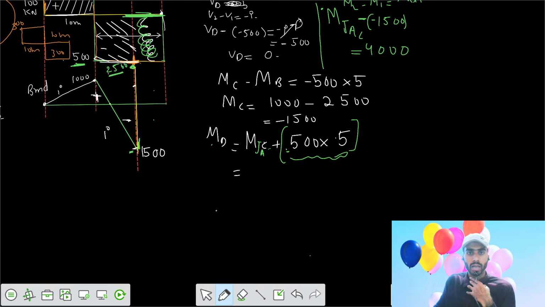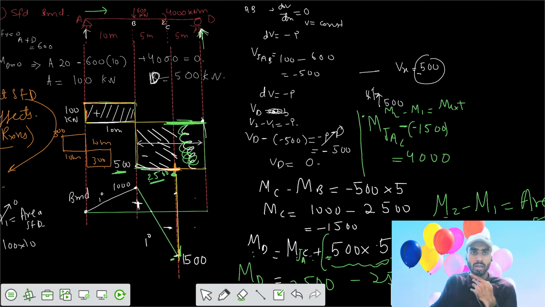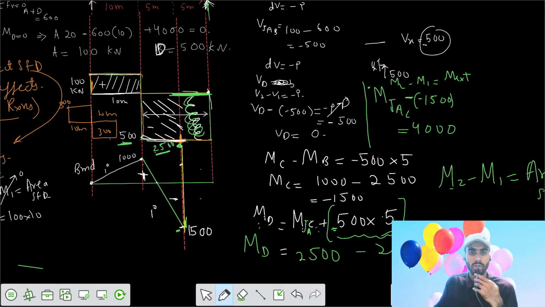We have the equation moment 2 minus moment 1 equals area of the SFD. So moment D equals moment just after C, that was 2500, minus 2500. So your moment comes out to be 0. That's true because your support is a simple support. Joining the two by a straight line, this is your bending moment diagram.